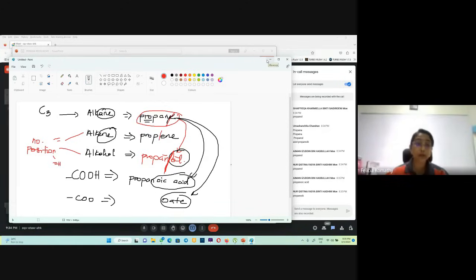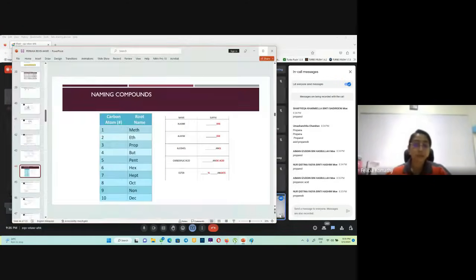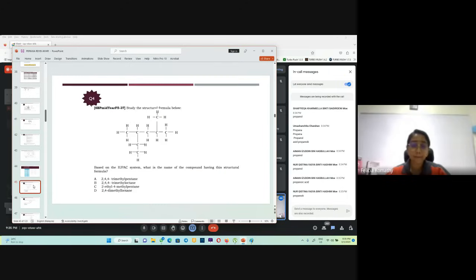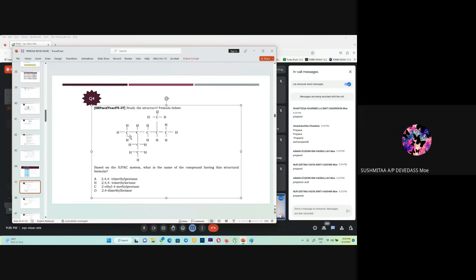Mesti tentukan kedudukan double bond dengan OH dia. Carboxylic acid, no problem. No position. Okay? And ester also no worries, no position. The positioning, you only have to be careful with alkene and alcohol. Okay, boleh ke? Nama? Ada apa-apa masalah? No, teacher, can understand. Okay.